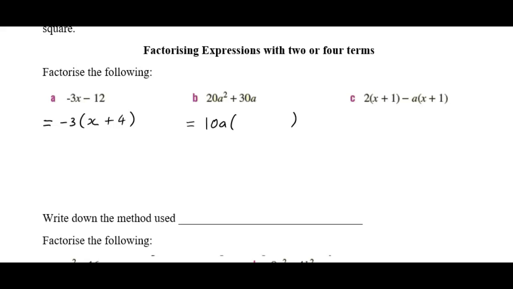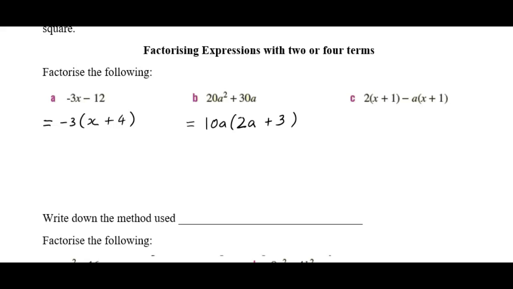If I divide my first term by 10a, I'm left with 20 divided by 10, which is 2, and a squared divided by a is simply a. Dividing my second term by 10a simply leaves us with a positive 3. And that completes the factorization of that algebraic expression.